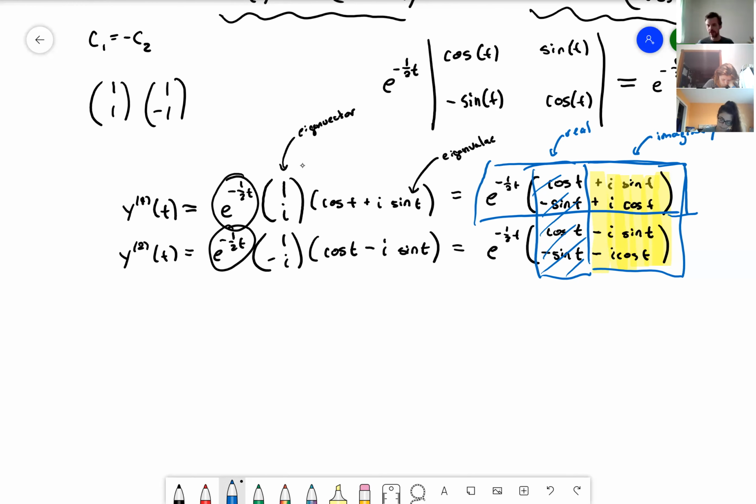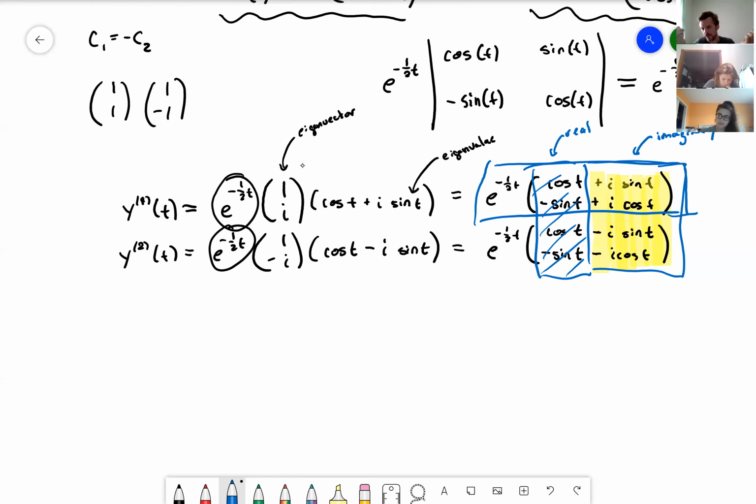And this always works out because what we started off with was a system of ODEs that had real coefficients, which means that we end up with a characteristic polynomial that comes from that matrix with real coefficients. The roots, if they're ever complex, appear in conjugate pairs.